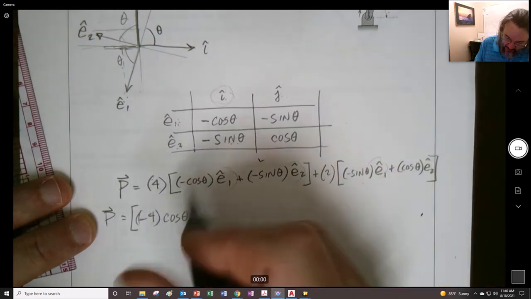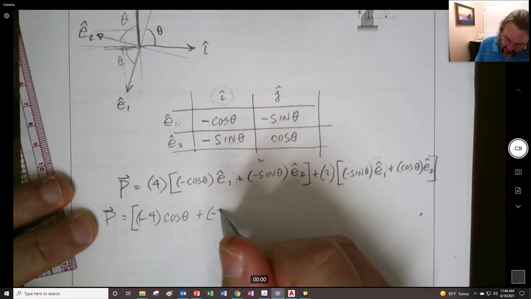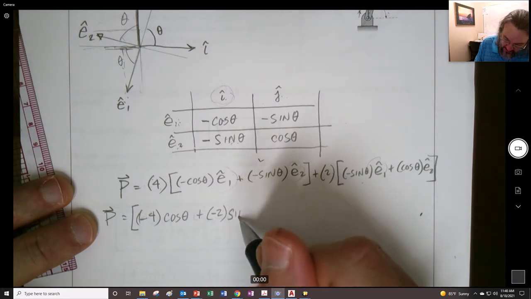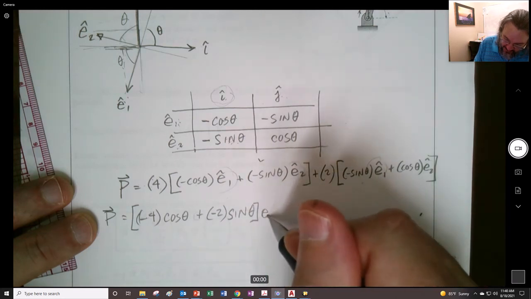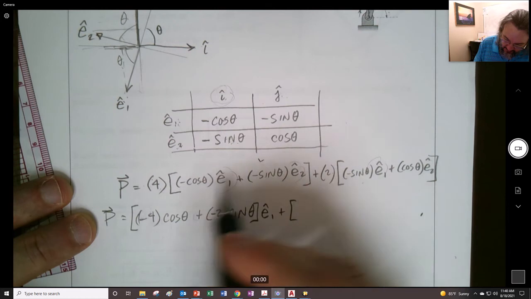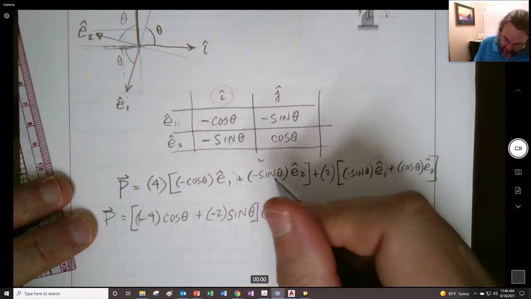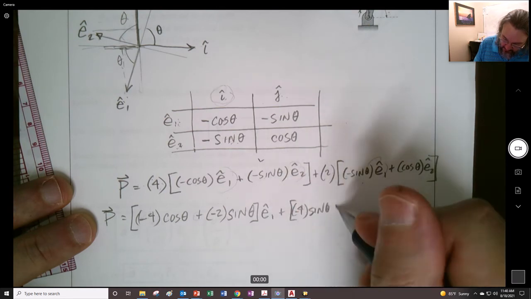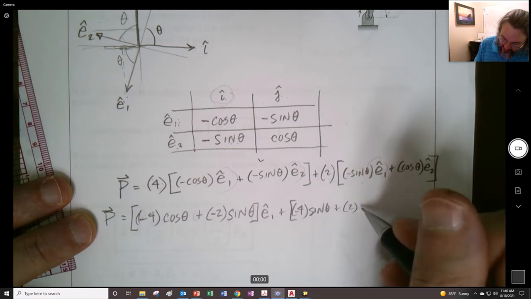I'm going to go grab this one. So we say plus negative 2 times sine of theta times E1 plus 4, let's make it negative, sine of theta plus 2 times cosine, and it's positive.